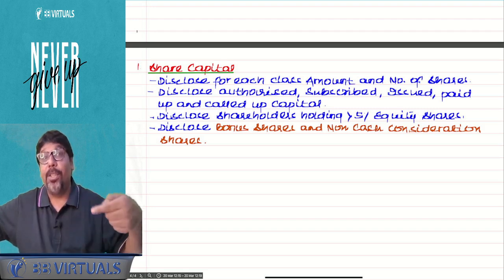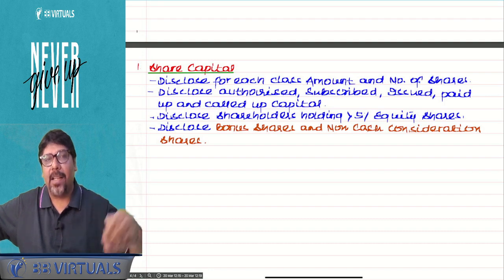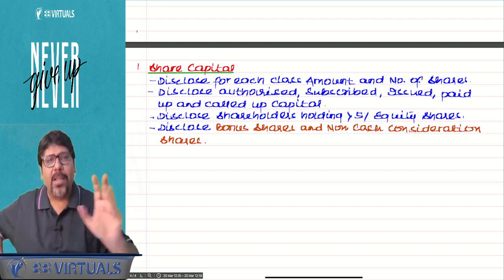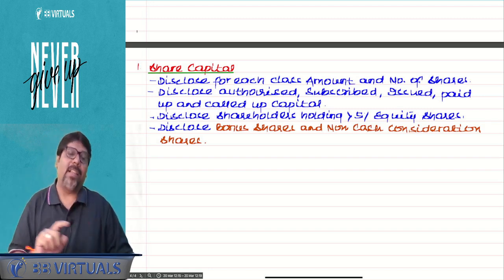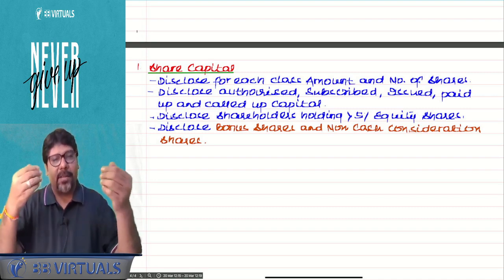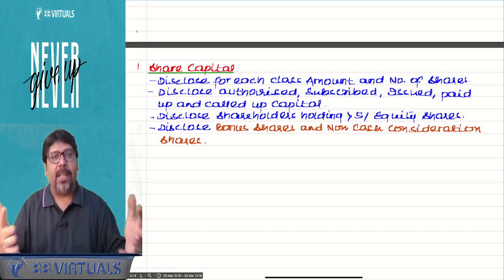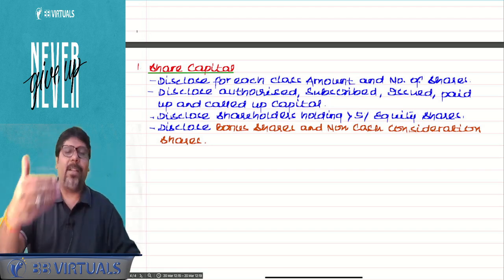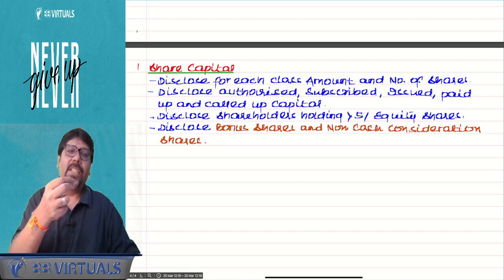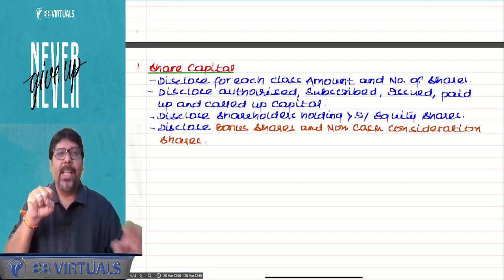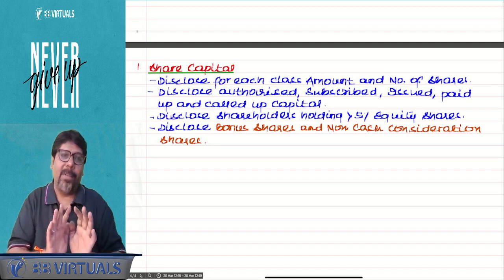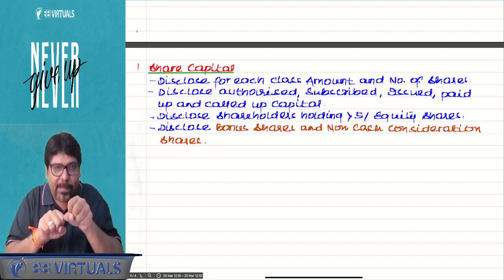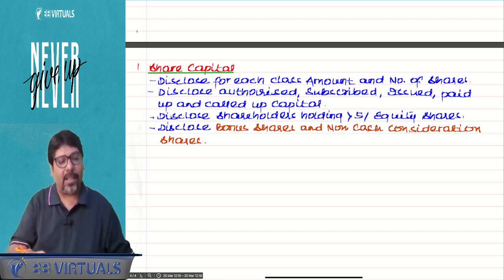That means you used to issue equity share capital and in return you used to get, no, no, you used to get an asset. That is non-cash consideration. Similarly, Chartered, when you purchase a company, there is an amalgamation. In amalgamation also, one company issues its shares to purchase another company. In Foundation, you studied you purchase assets through shares. In Inter, you will study you can purchase a company through shares. That is also non-cash consideration.